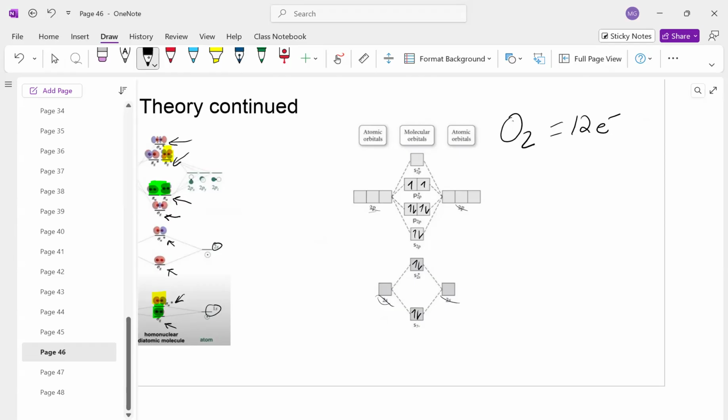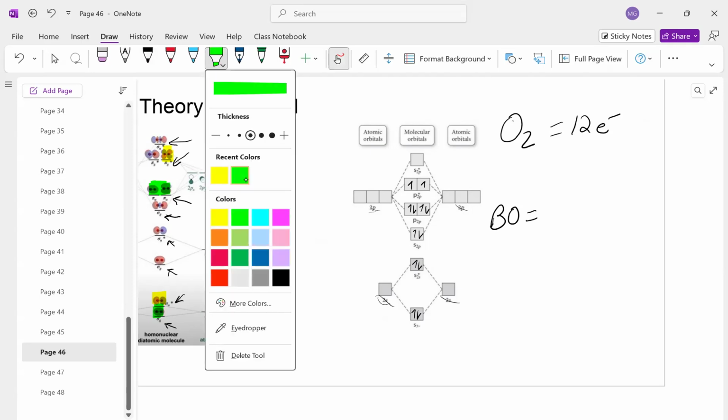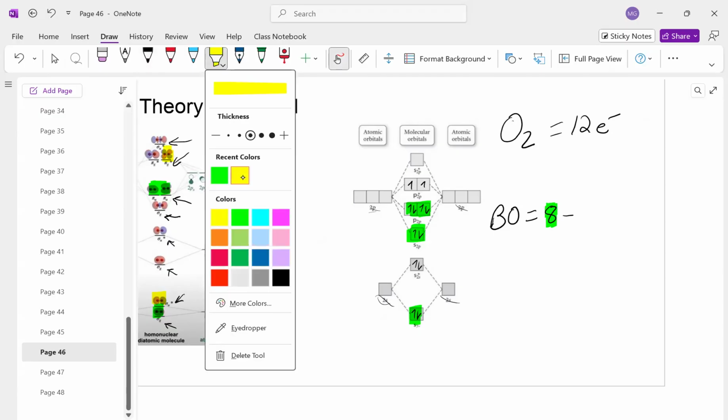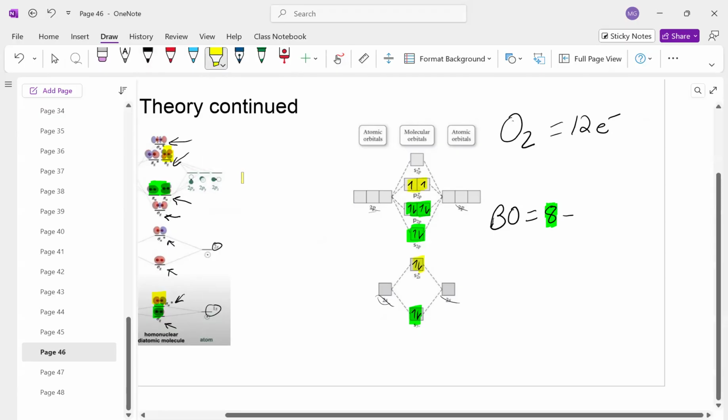All right, and so now we're going to go through our calculation again to find bond order. I'm going to find the number of bonding electrons. So there's 2, 4, 6, 8. So 8 bonding electrons. And then how many anti-bonding? There's 2, 3, and 4.